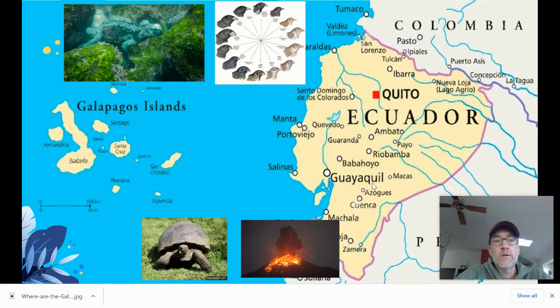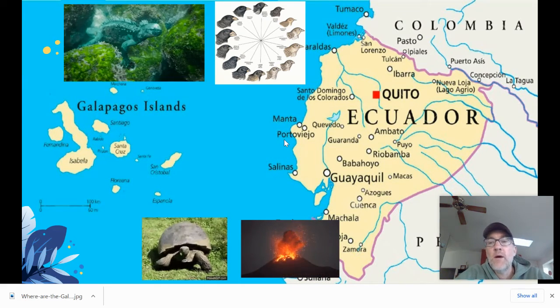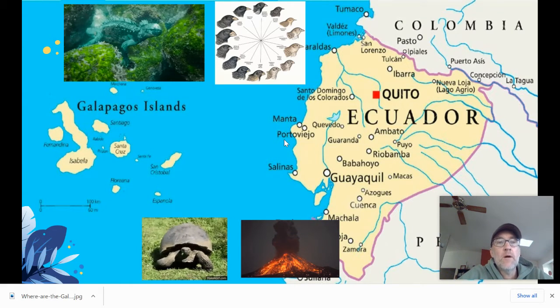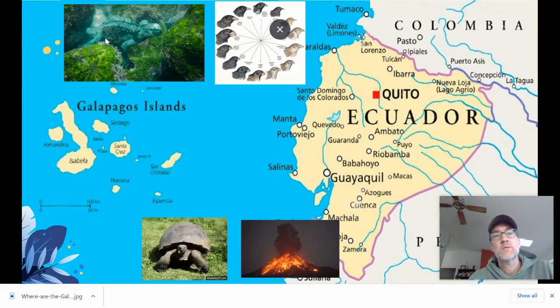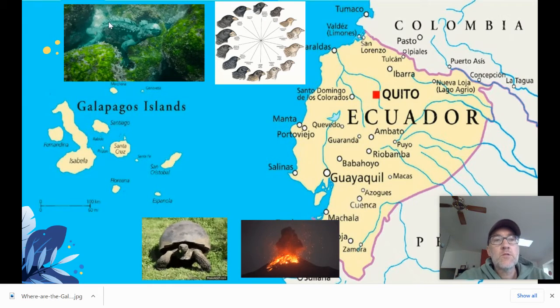I think the Galapagos would be a really cool place to go to see biodiversity, to see evolution. It has things like these marine iguanas, which are really unusual, that go down and eat kelp and algae off rocks.